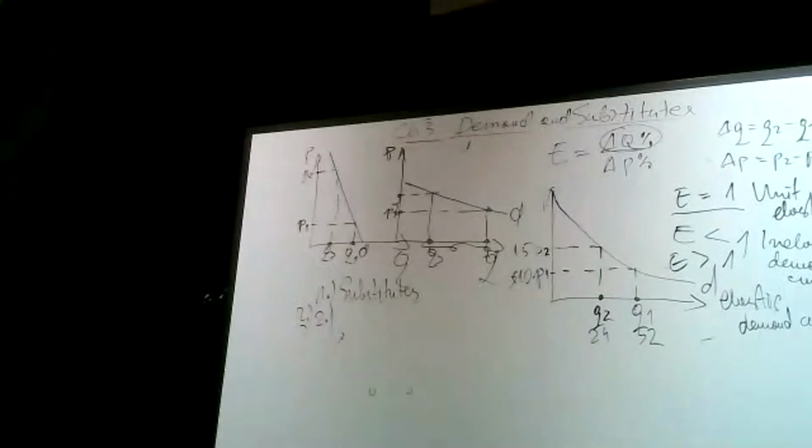Second thing, time. Is it more likely that you're going to have a substitute in the short run or in the long run? If you already have a substitute available, all is well and good. But if you don't have it in the short run, there are incentives in the long run for them to be created. What are these incentives?